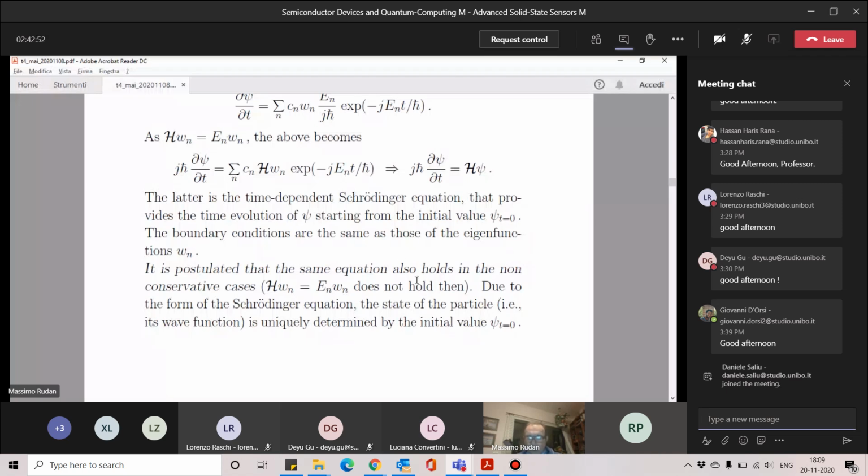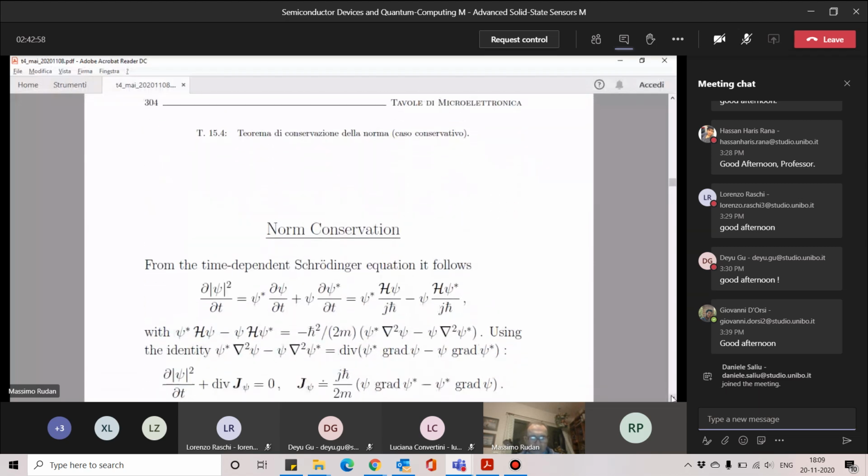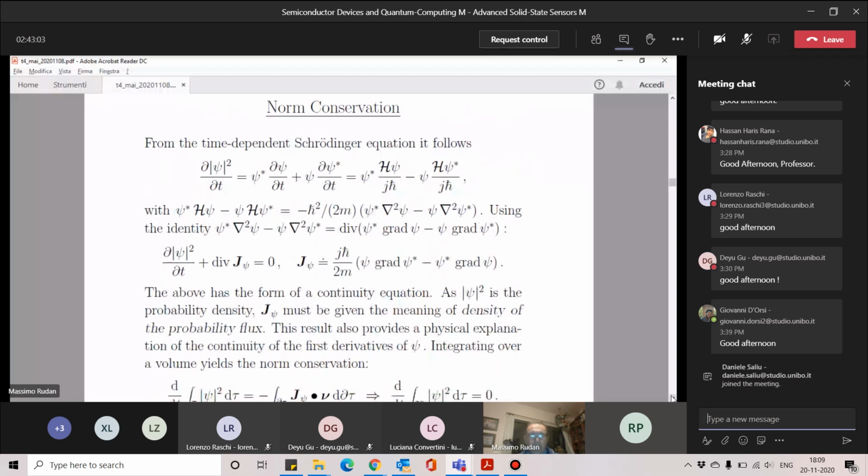So what we do is we calculate the square modulus, and then we take the derivative of the square modulus. This is a pure calculation, because obviously the square modulus is equal to psi star times psi.